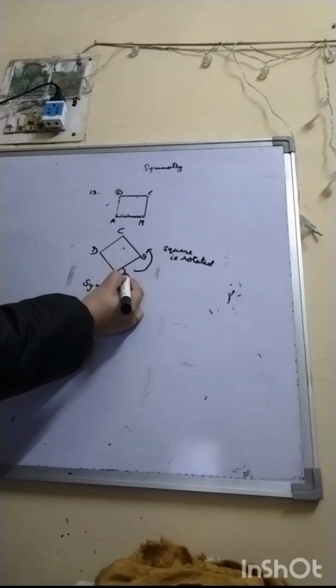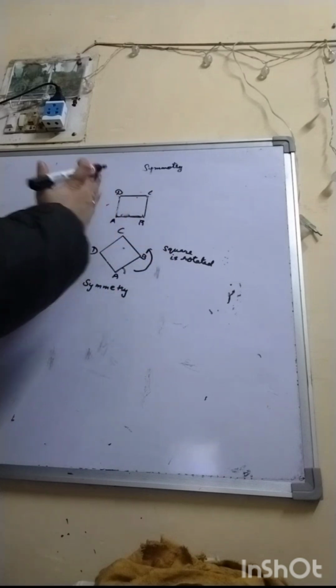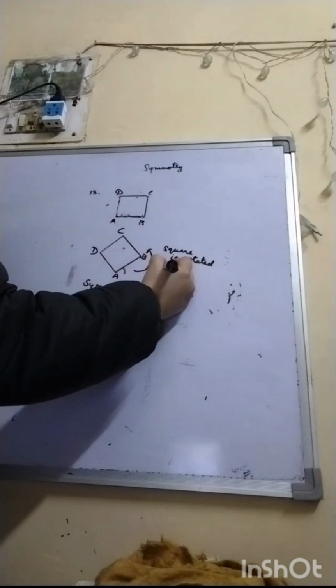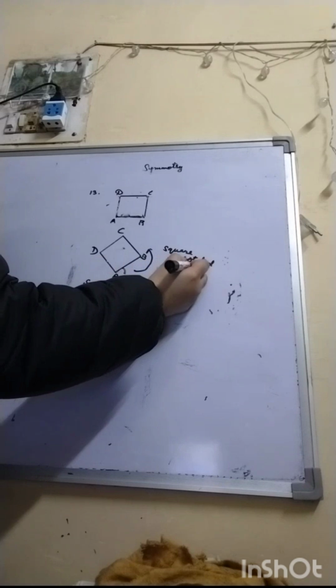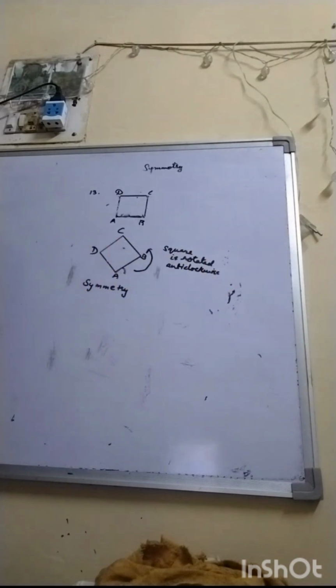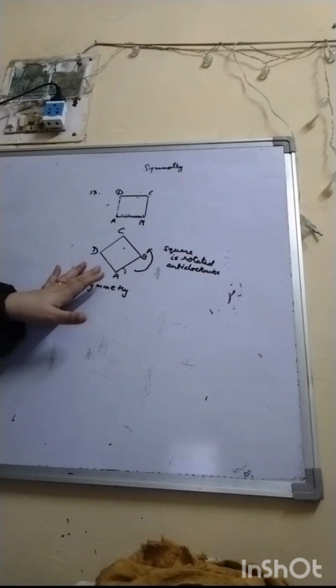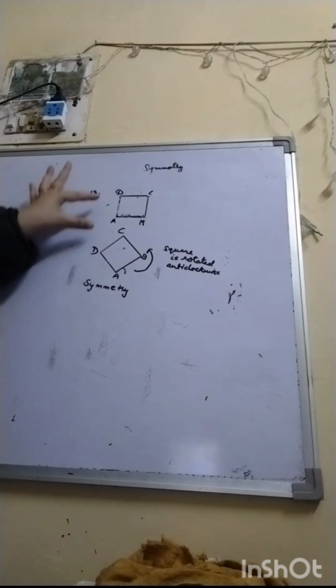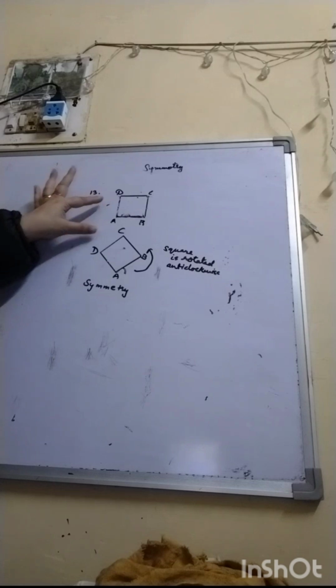I can make an angle here. It has been rotated anti-clockwise. So these figures we drew on a dot paper. Now you can see that this figure is not exactly like the first figure.